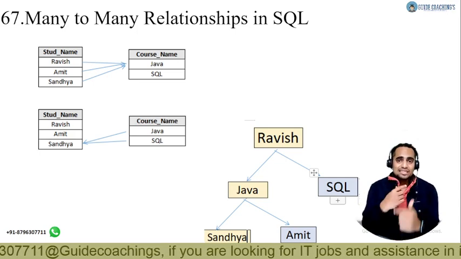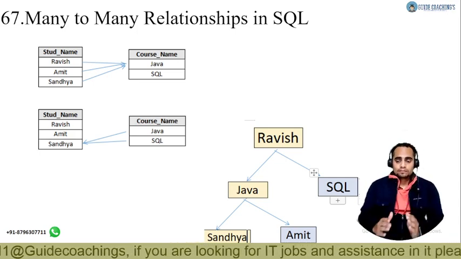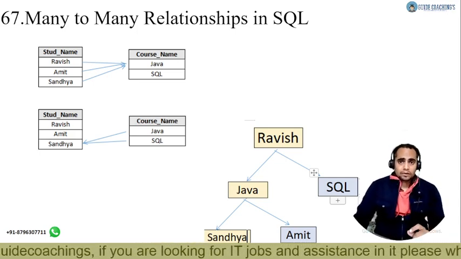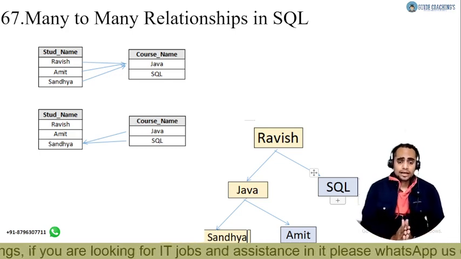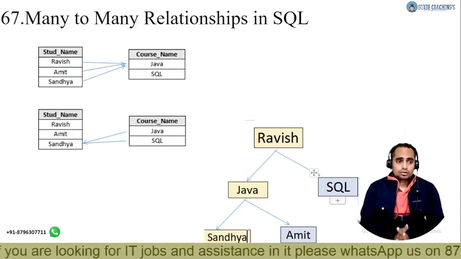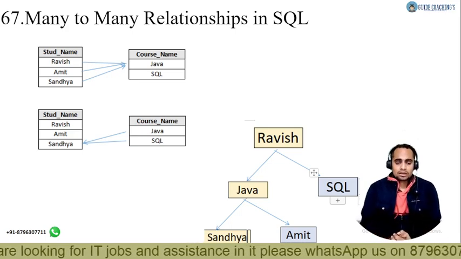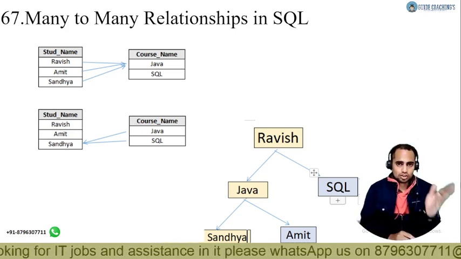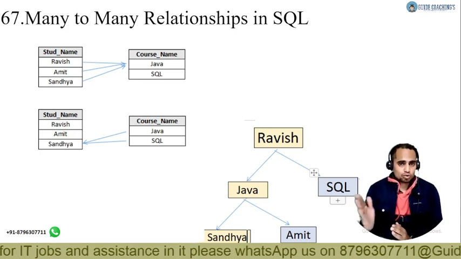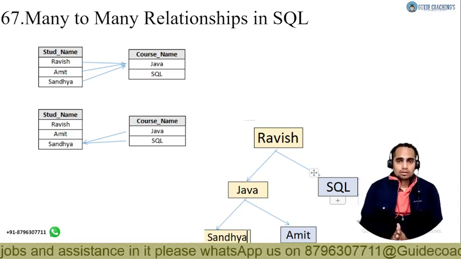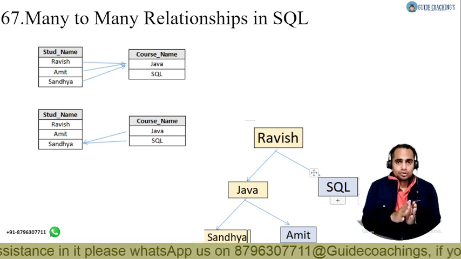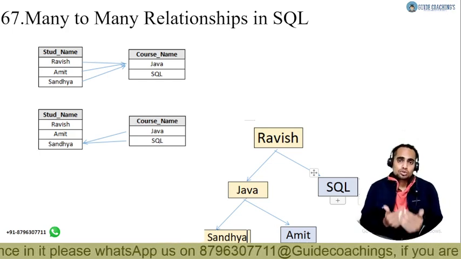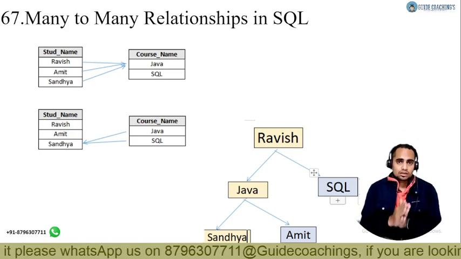Now we will understand it more by taking this example only. So what is our requirement? We have two tables, the student table and the courses table. Now I want to create a third table on the basis of these two. There are certain rules which I need to follow.